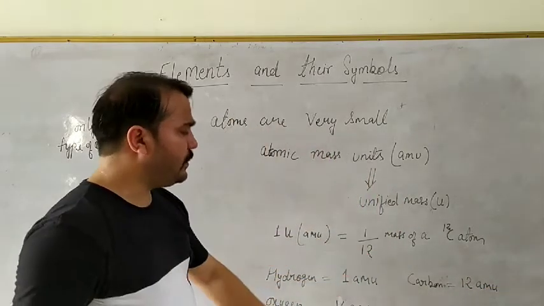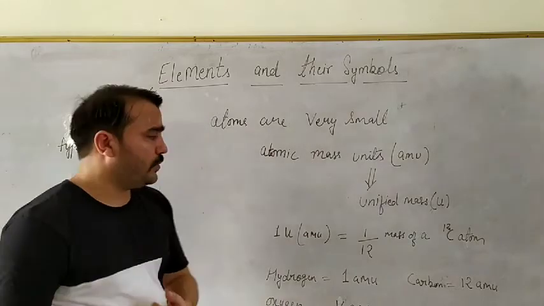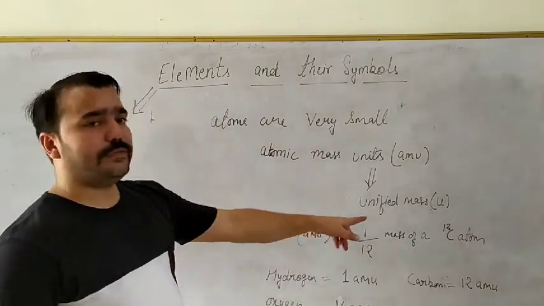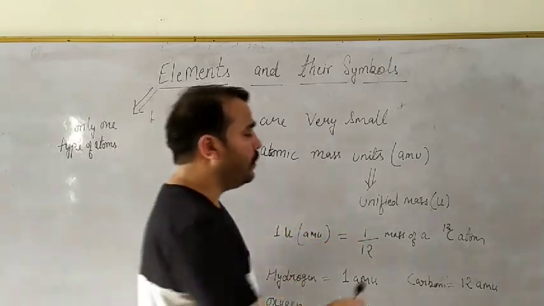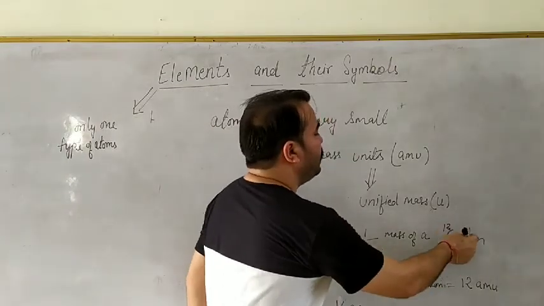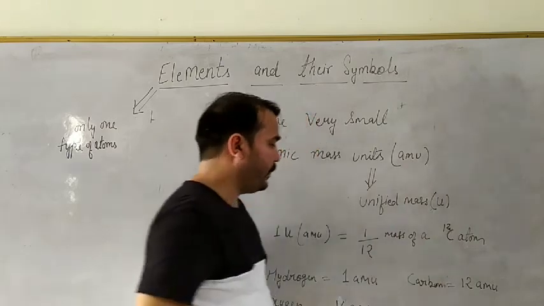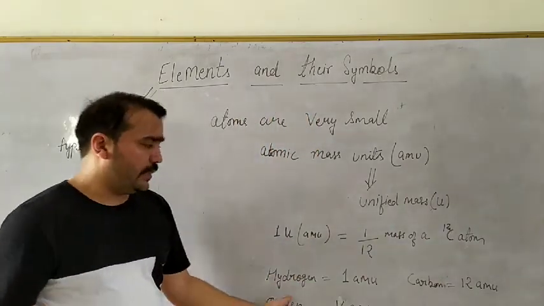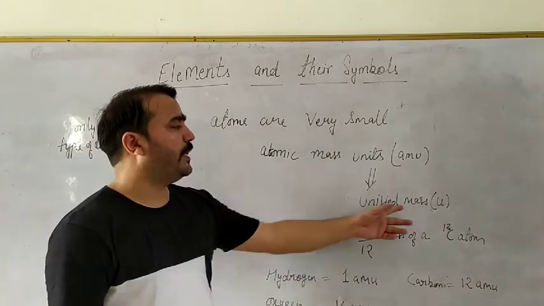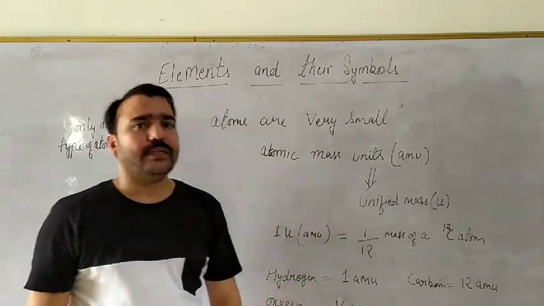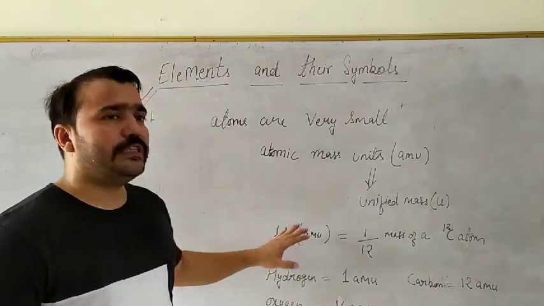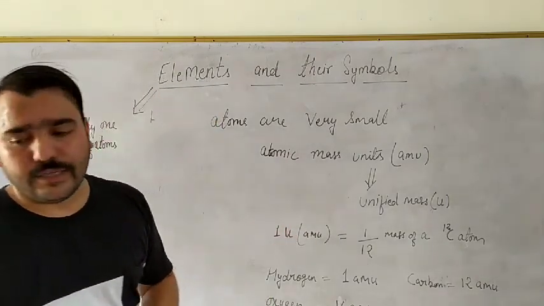So this is how the masses are written. So what is the standard here? 1 U or 1 AMU, which is defined as 1 by 12 the mass of a C12 or carbon atom. So that is how we measure the masses of different elements in terms of AMUs or unified mass, that is U. Next section we will understand how the different elements form compounds and their chemical formula.